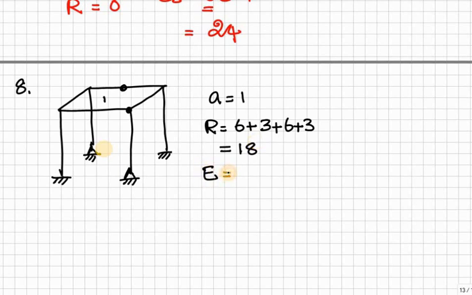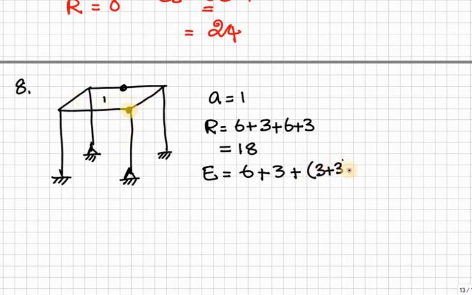And E is equal to 6 plus extra equations for the hinge. How many extra equations? Because this hinge will not resist the moment, therefore sigma mx is 0, sigma my is 0, sigma mz is 0. So 3 extra equations. Here also, for each member, we can apply these 3 equations. Therefore, 3 plus 3, 6.